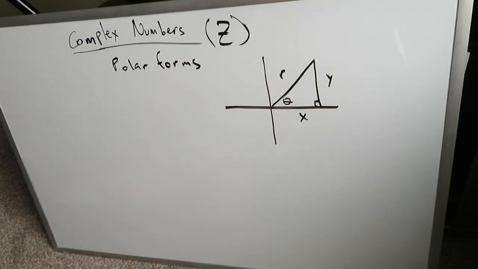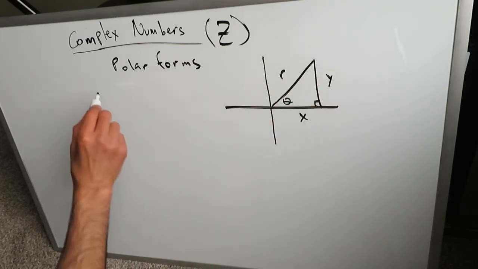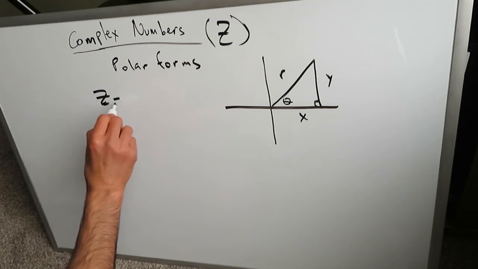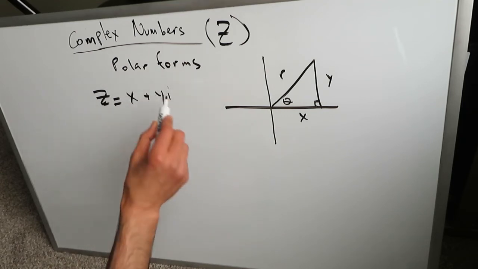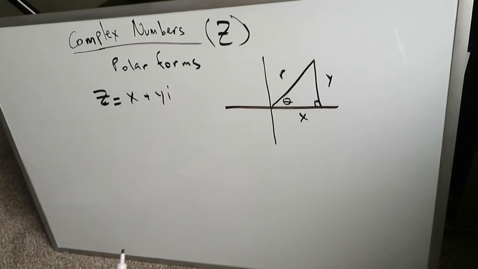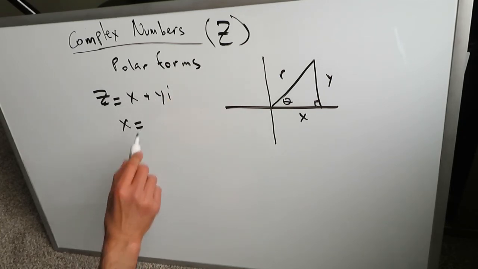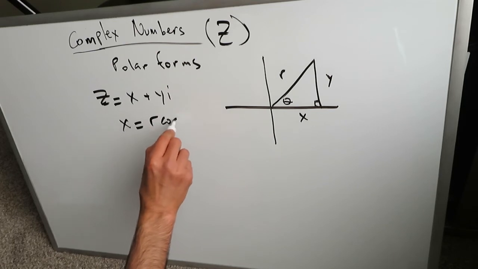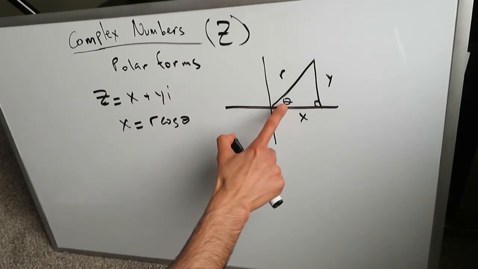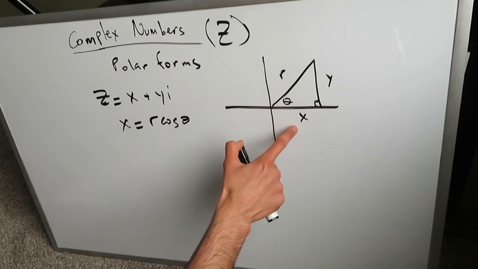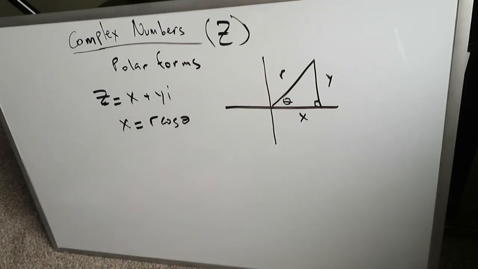Another way of looking at y and x with regards to your complex number, which always has the form x plus yi or iy, it doesn't matter how you say it. You can say x is always equal to r cosine theta. Think about it. Cosine theta is equal to adjacent over hypotenuse.